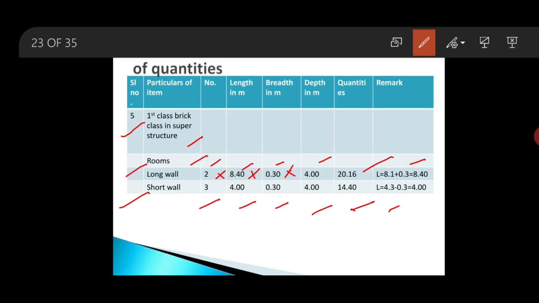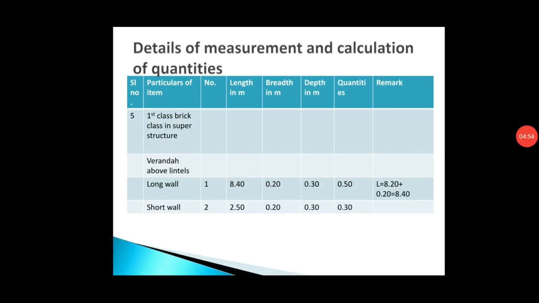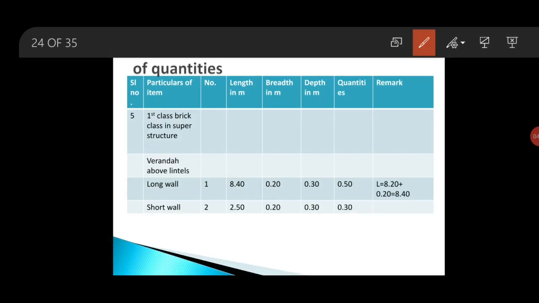So the total quantity is 14.40 cubic meter. So the long wall and short wall of room is over. Then we will go for the veranda portion.